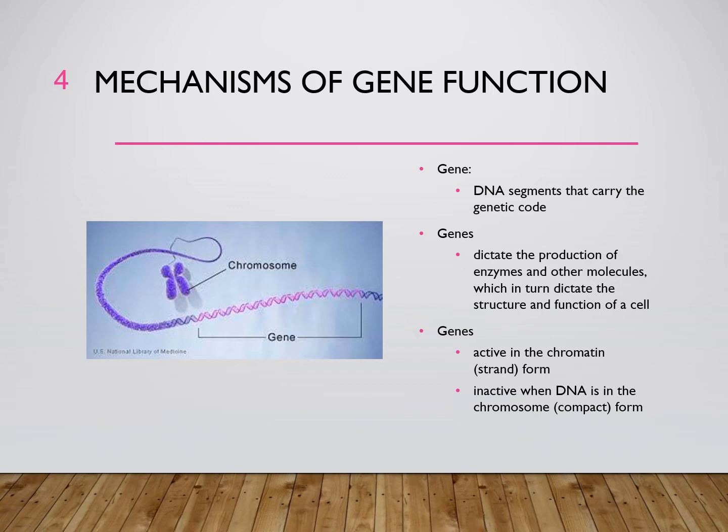Okay, so a gene is a DNA segment that carries the genetic code, and genes dictate the production of those enzymes, right? And lastly, when they're active, they're unfurled and available for coding. And when they're inactive, like when the cell is getting ready to replicate itself, then it is coiled and very compact.